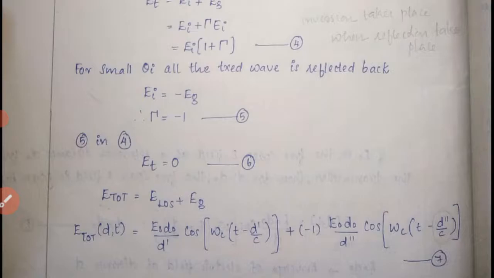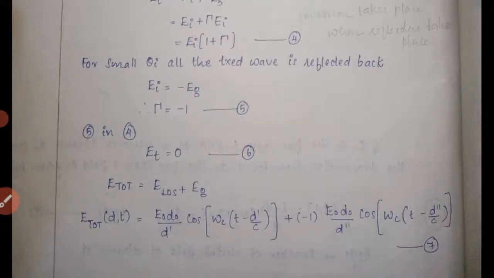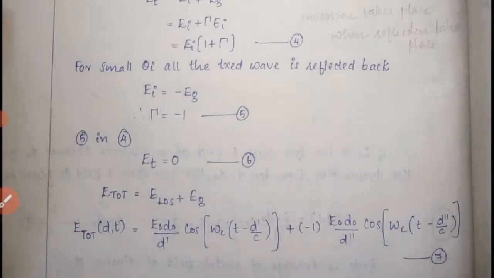Substituting the values: E naught D naught by D dash cos omega C into T minus D dash by C plus gamma into E naught D naught by D double dash cos omega C into T minus D double dash by C. Here the gamma value is equal to minus 1, so we substitute gamma equal to minus 1.